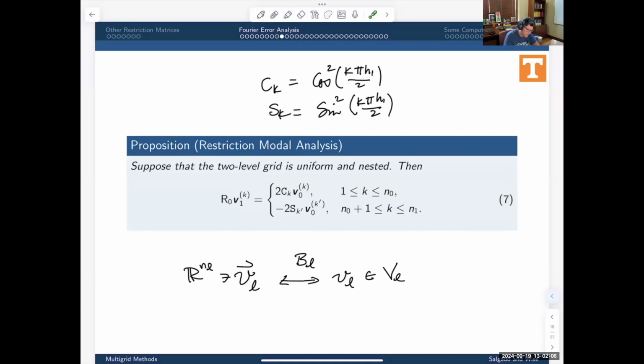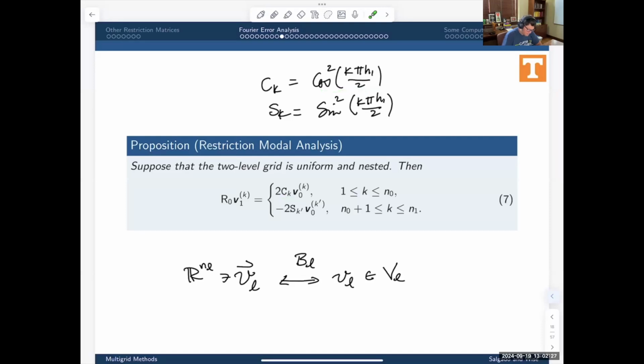So it gets mapped down to a mode on the coarse grid with this prefactor of 2. We explained the prefactor of 2 was because our restriction matrix is producing things which are 2 times too big, times this cosine squared term.